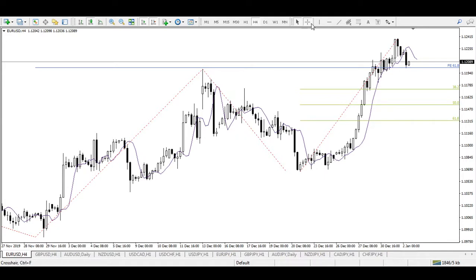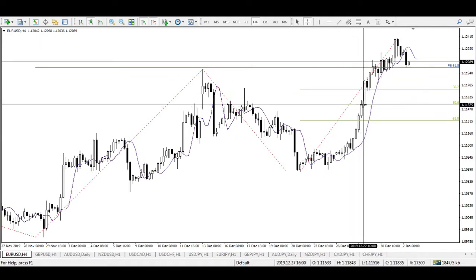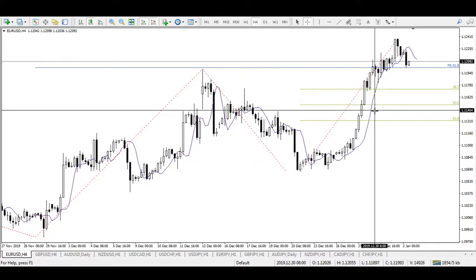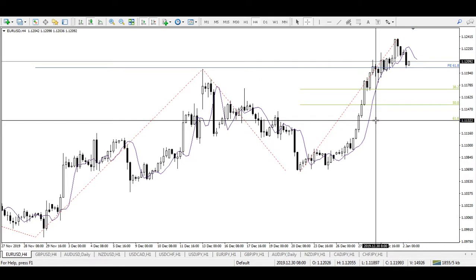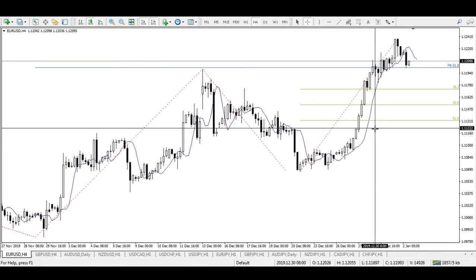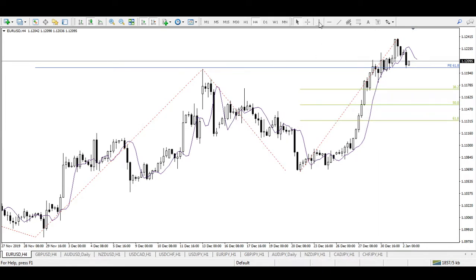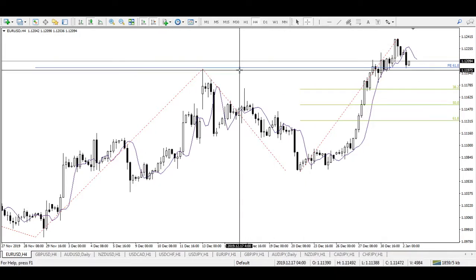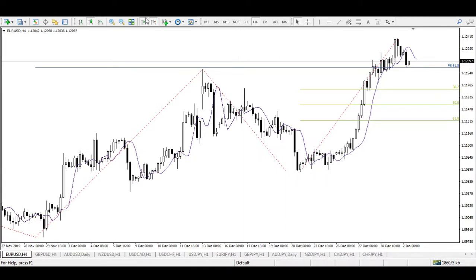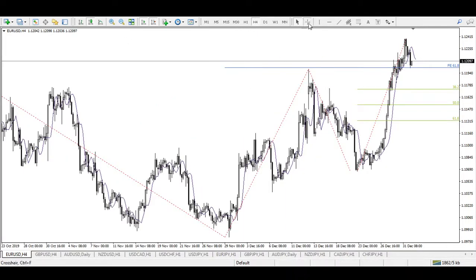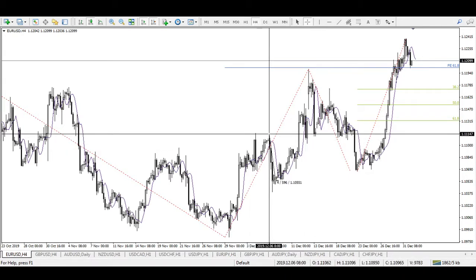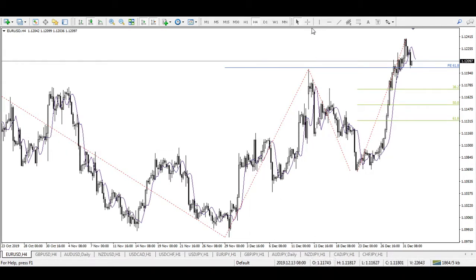So 50% is this area, 1152. So this should be the minimum retracement if the double repo is confirmed. Nevertheless, I'm taking 61.8% this time because of the nature of euro. If we look at the previous retracements, all retracements are bigger. This was a kind of 132 pips, and if I look at other retracements, this was 77 pips.